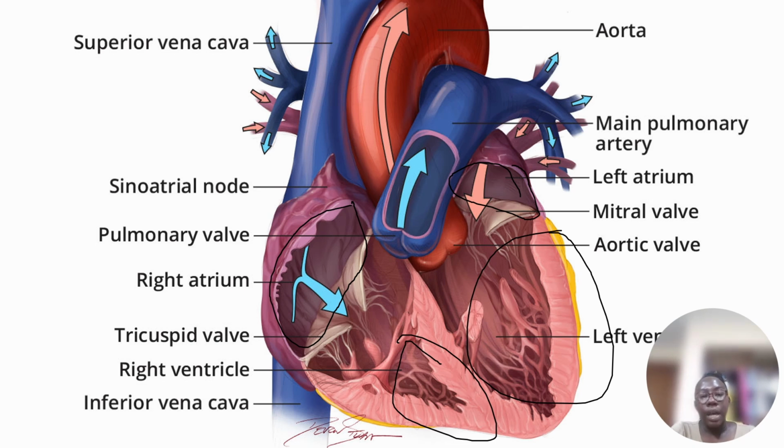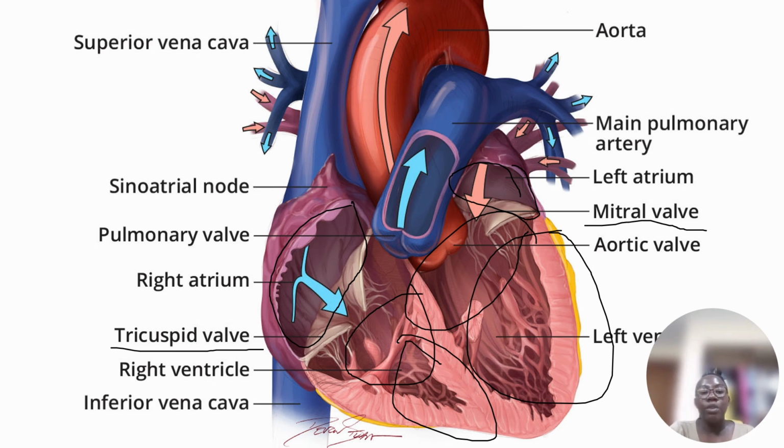And apart from that, the heart has four valves. Two atrioventricular valves, which means these are the valves between the atrium and ventricle. Between the right atrium and right ventricle, we have the tricuspid valve, and between the left atrium and left ventricle, we have the mitral valve or bicuspid valve.